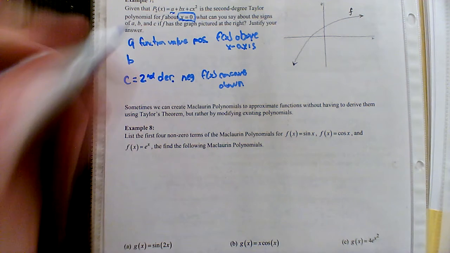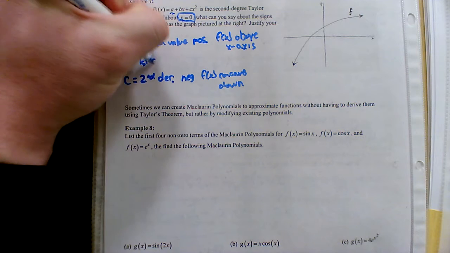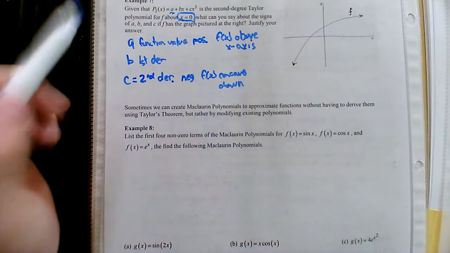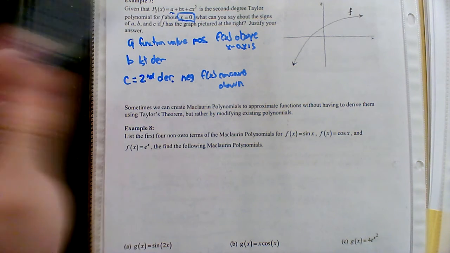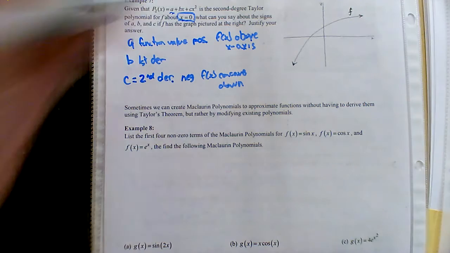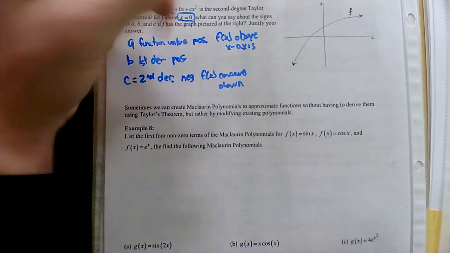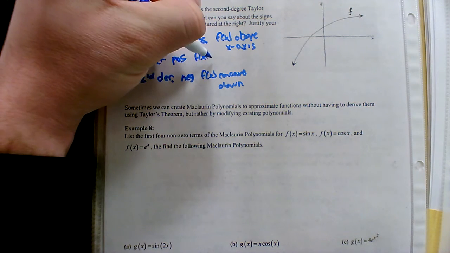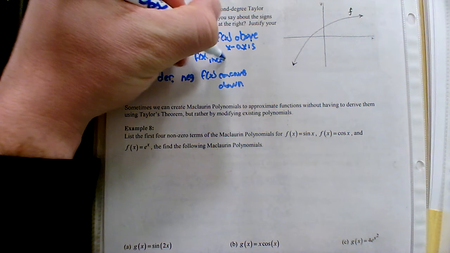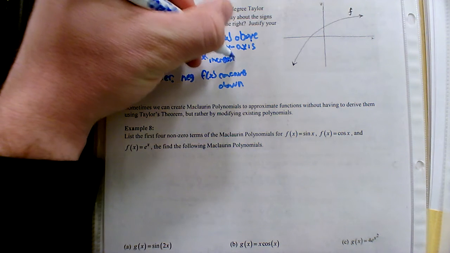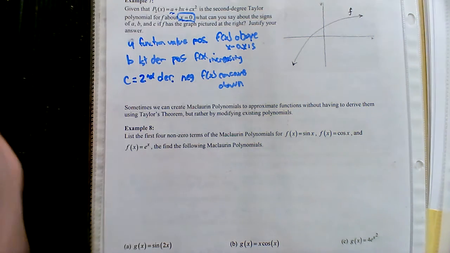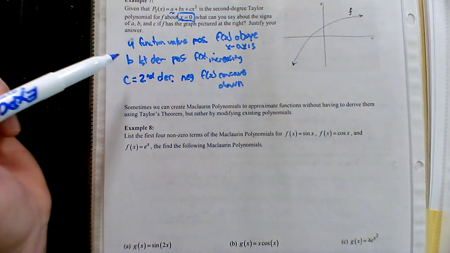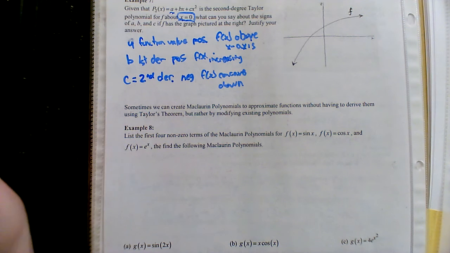First derivative. So what do we know about the first derivative? Positive. Yeah, we know it's going to be positive, so f of x is increasing. So we were able to determine A had to be positive, B had to be positive, C had to be negative.